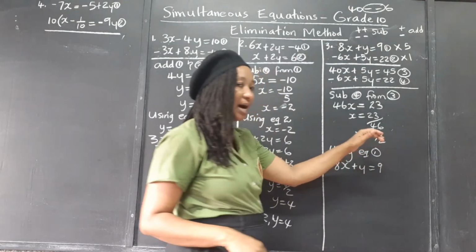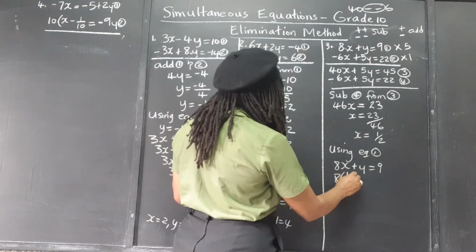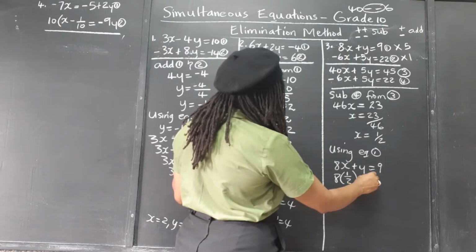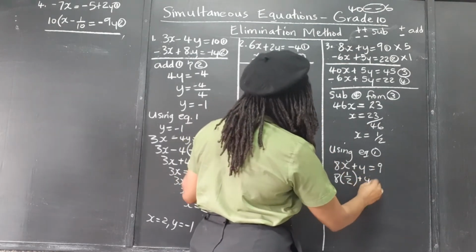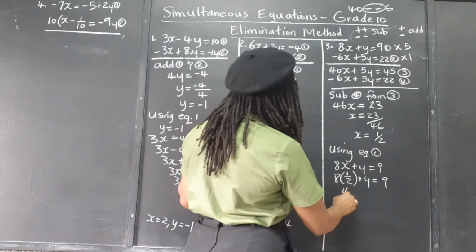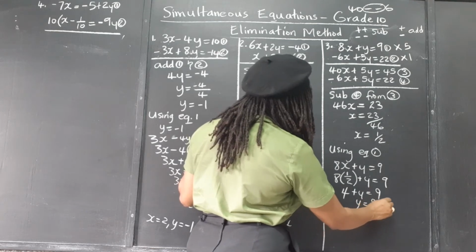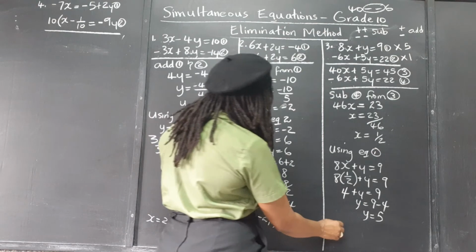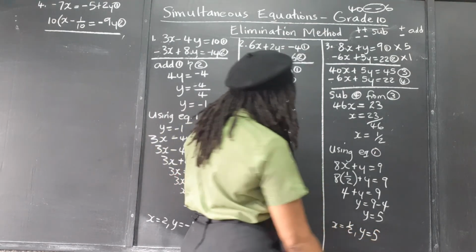And I'm plugging in a half where x is. So 8 times a half plus y gives 9. Half of 8 is 4 plus y is 9. So y is equal to 9 minus 4, which is 5. So our solution set, x is a half and y is 5.